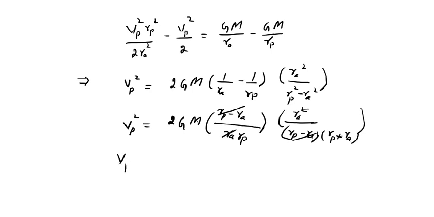By simplifying this equation, Vp squared is equal to 2GM Ra divided by Rp into (Rp plus Ra). This is the final equation.